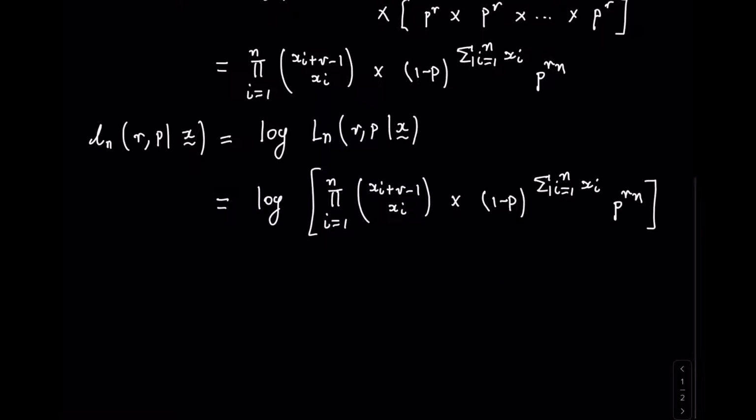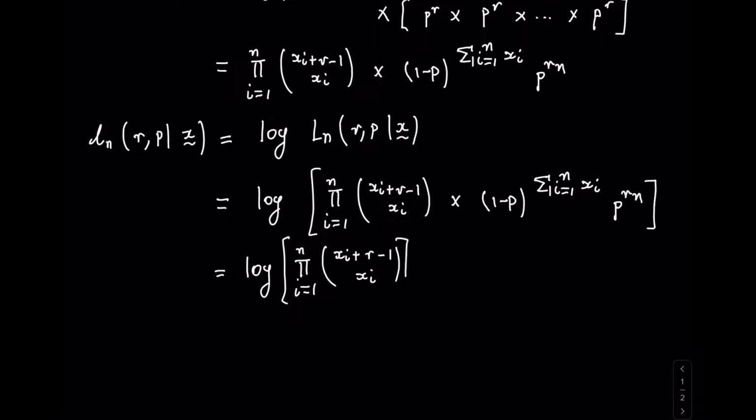Now, the first component to recognize is when you have a log of a product of terms, we can think of this as a product of multiple terms here. That is the equivalent of the sum of their individual logs. So that one becomes log of the first component, the product from i equals 1 to n of xi plus r minus 1 choose xi.